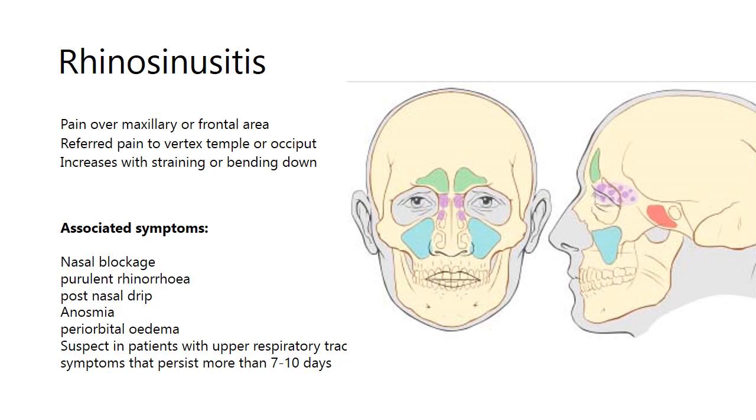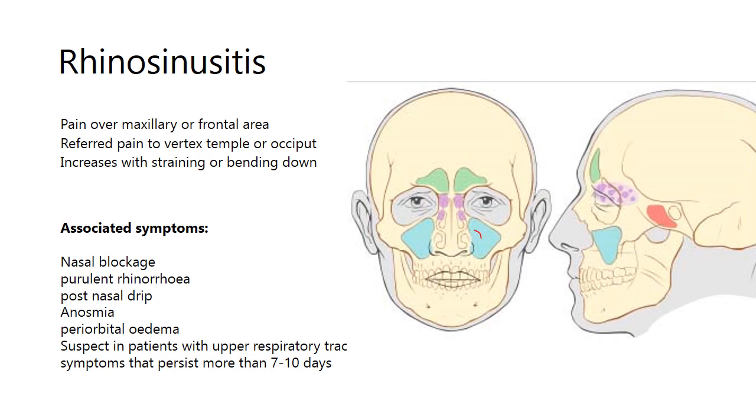So the pathophysiological cause of this is, well, you can see in this diagram that we've been through the anatomy of the nose previously, that we have these turbinates inside the nose and these internal meatai in between the turbinates, and as you can see in the blue maxillary sinuses here on this diagram, these sinuses drain.